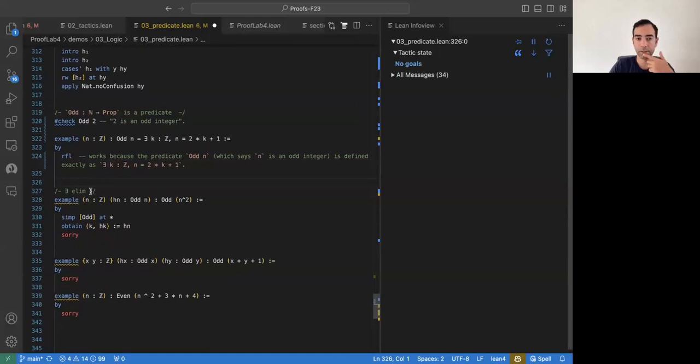Any questions about this? Okay, so I guess the moral here is to take the definition of odd n to be this, and that is a check that it is indeed the case.